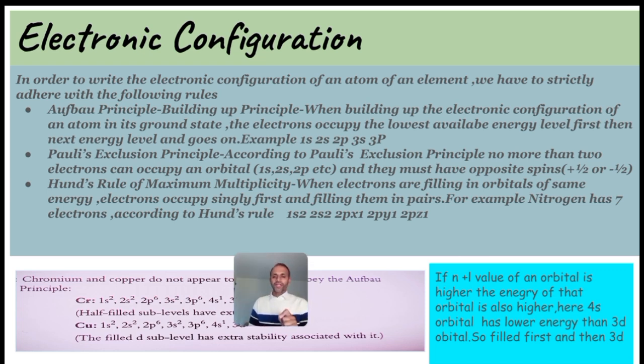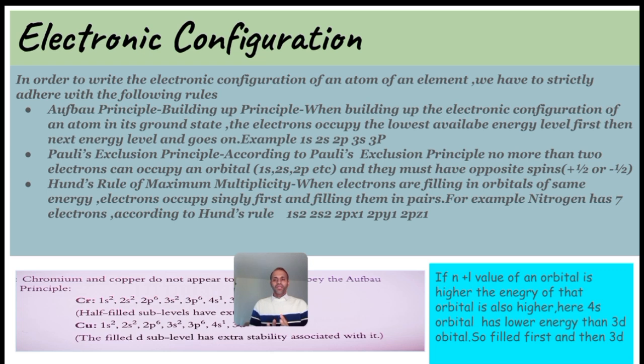The condition is they must have opposite spins, either plus half or minus half. The electrons are spinning in the orbital itself, either in a clockwise or anti-clockwise direction. If the spin is clockwise, it has plus half spin, and otherwise it is called minus half.